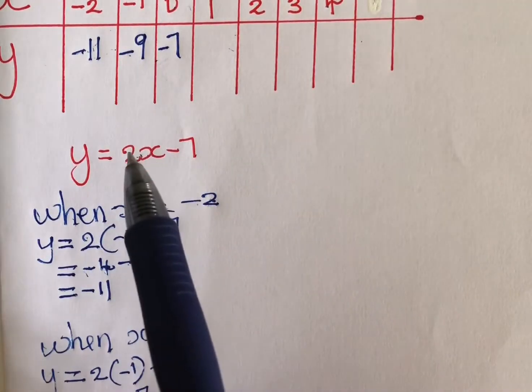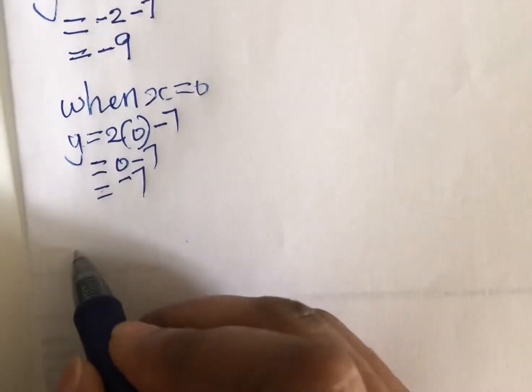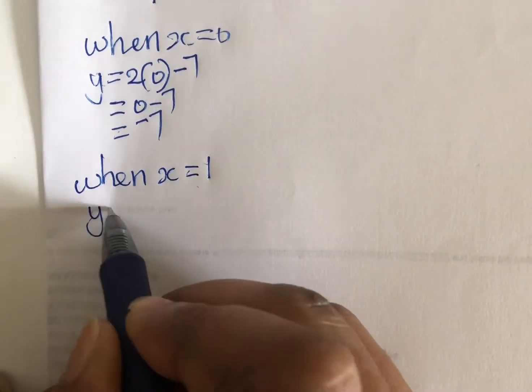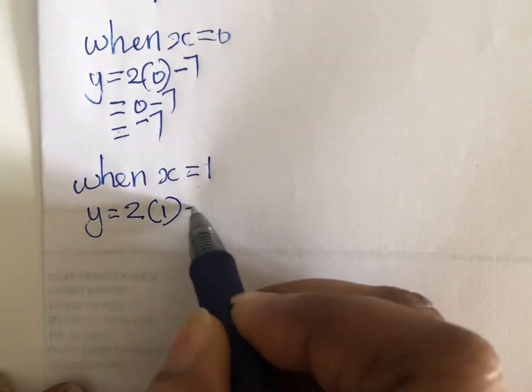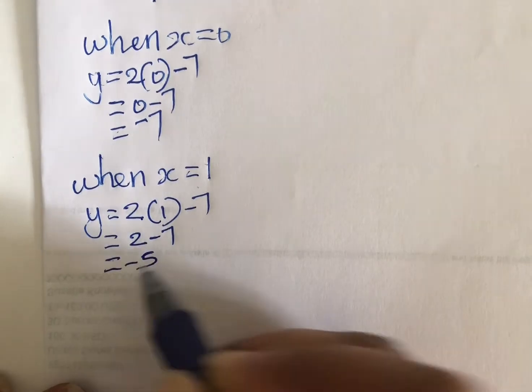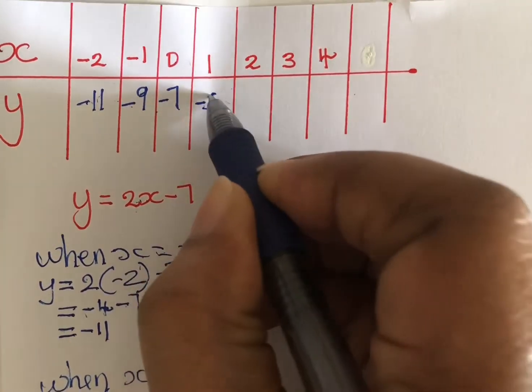Let's go one more time. When x is equal to 1, what is our y? When x is equal to 1, y is equal to 2 times 1 minus 7. 2 minus 7 is -5. And we substitute our -5.